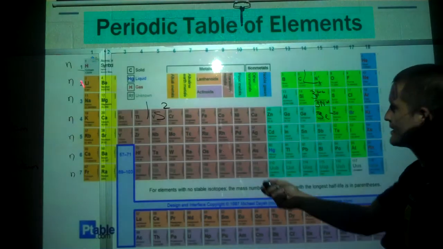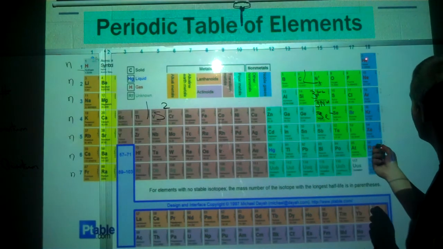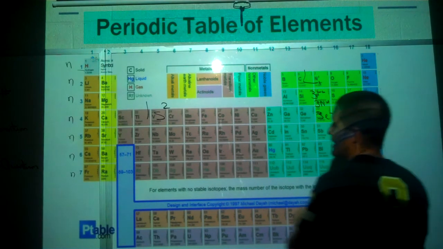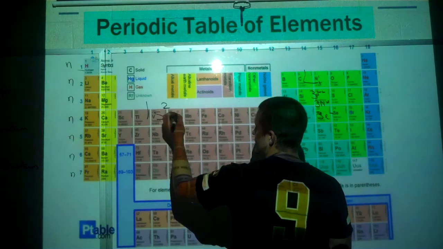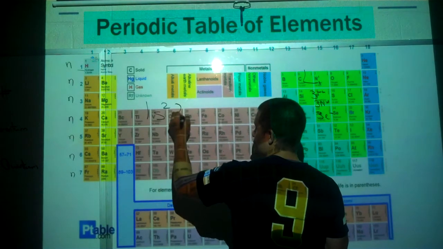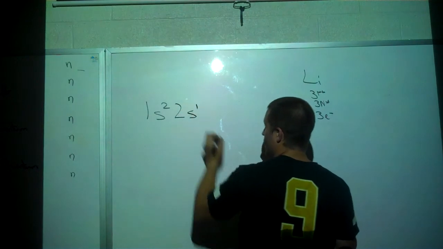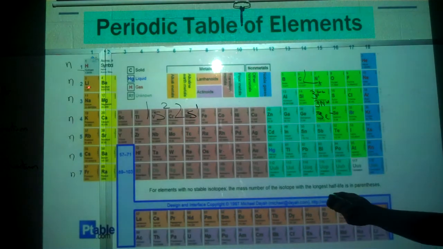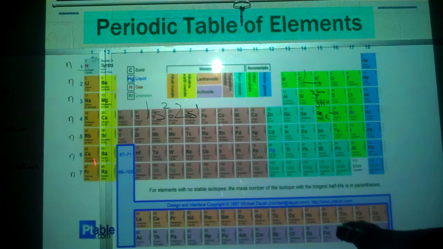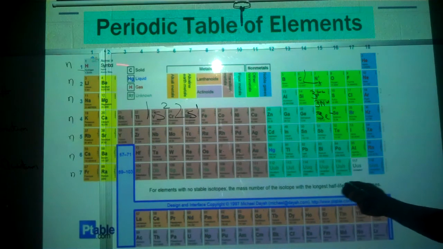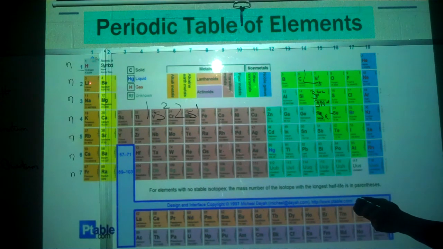I just get 1s1, 1s2. And now lithium is going to be 2s1. Check it out. This is 1 valence electron right here, correct? So I have 1s2, and I have 2, because I'm on period 2, s1.